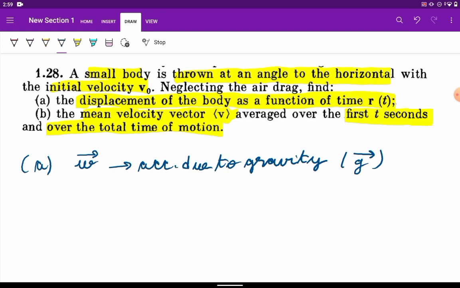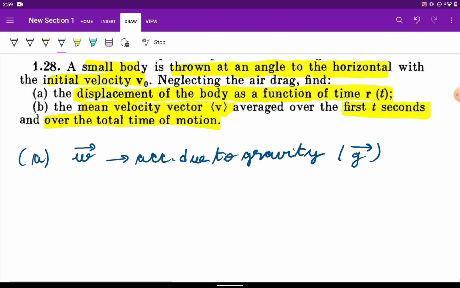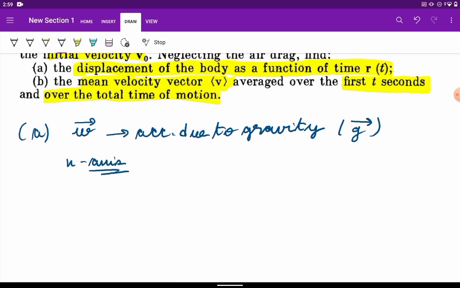Now we know that in a single dimension, if I represent displacement by r, let's say only consider the x-axis, along the x-axis, then I can write that rx is equal to the initial velocity in the x direction, let's say v naught x, into time t plus half acceleration in the x direction wx t square.